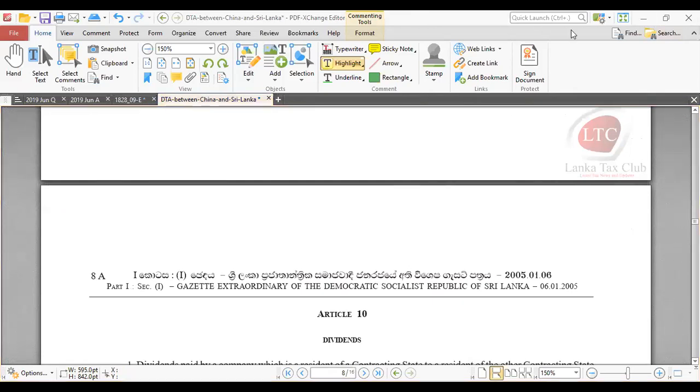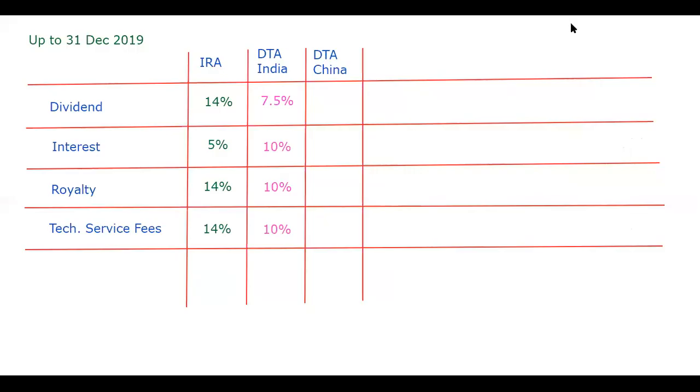Let me share the whiteboard again. Within Sri Lanka and China, under this, the rate applicable is 10%.